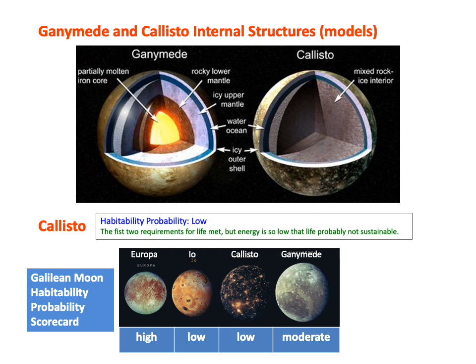Now, with Callisto, we're going to have to say the habitability is probably pretty low. I mean, the energy budget is so very low, and probably not enough to really sustain metabolic processes as we understand them. Okay.